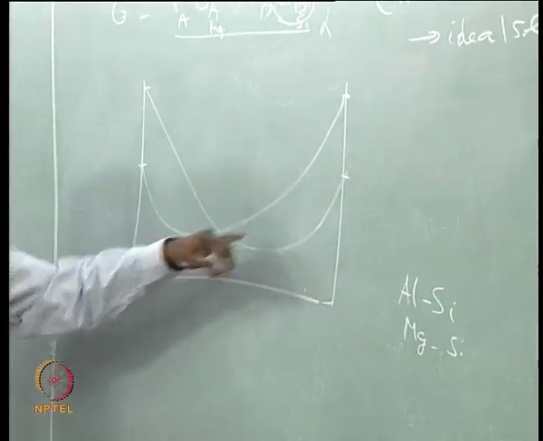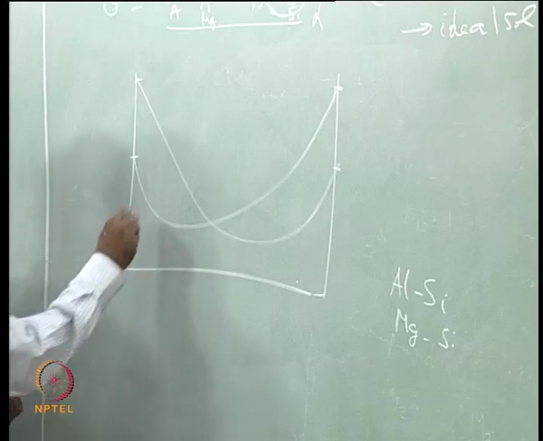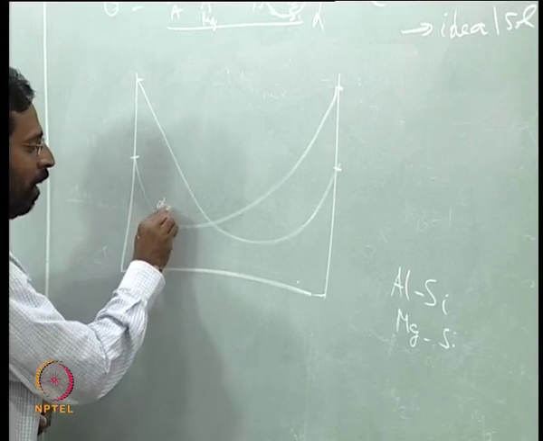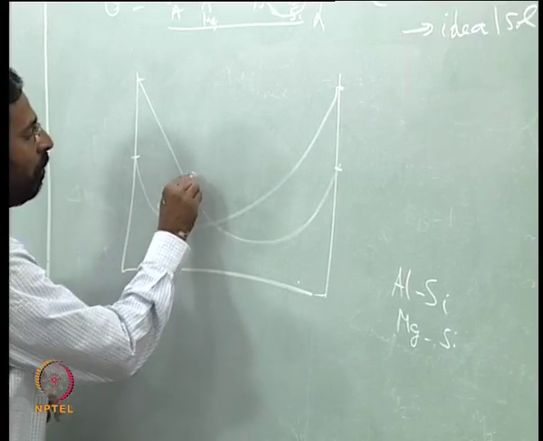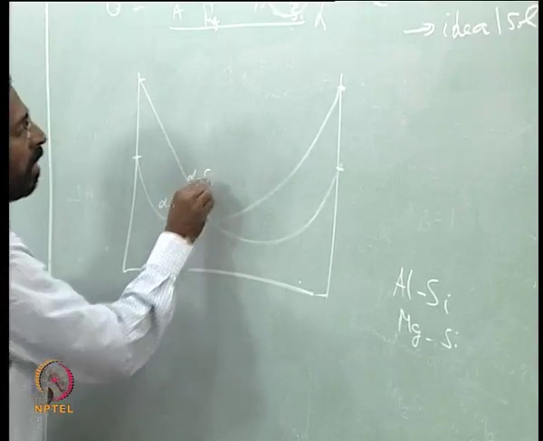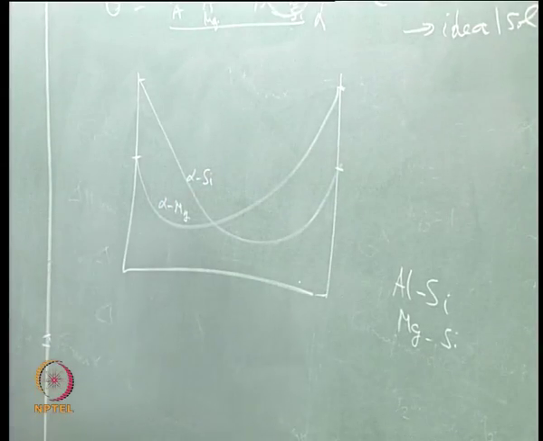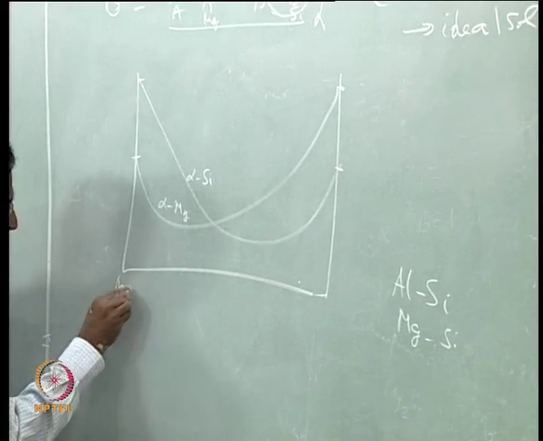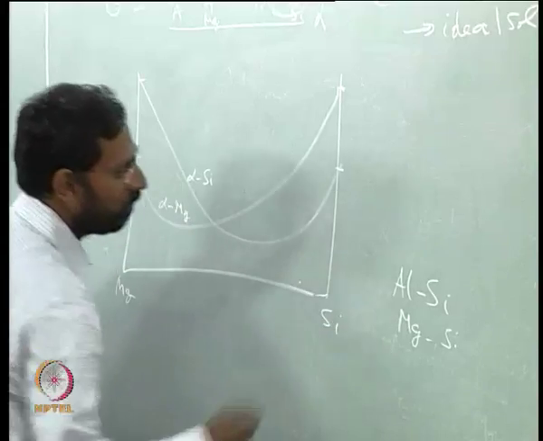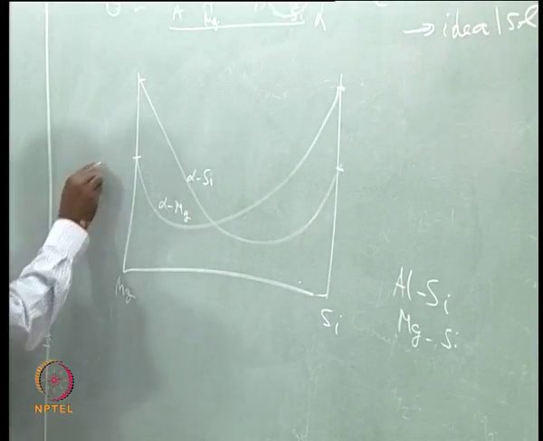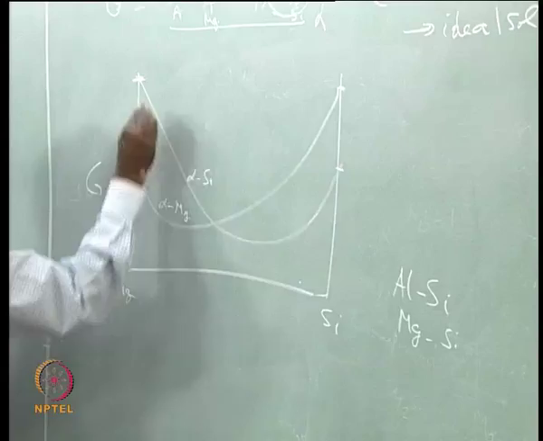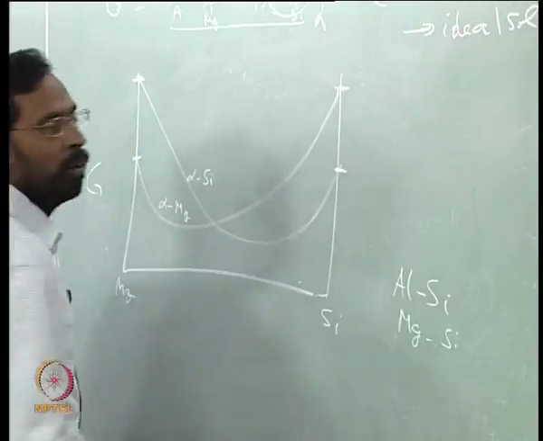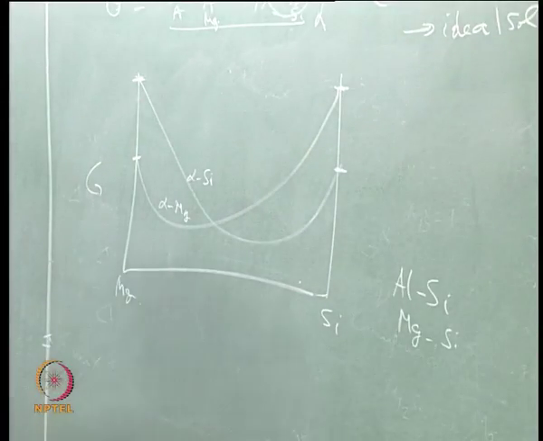If you draw these two free energy curves, one is for alpha magnesium, let us say, and another is for alpha silicon. You will see on the pure magnesium side and pure silicon side two points here and two points here. What do those two points mean? On the two pure metal ends, you have two free energy points.